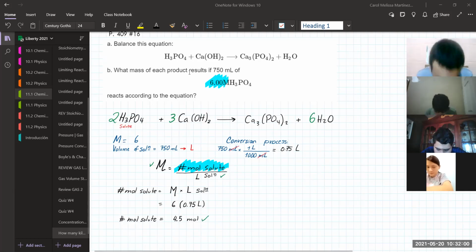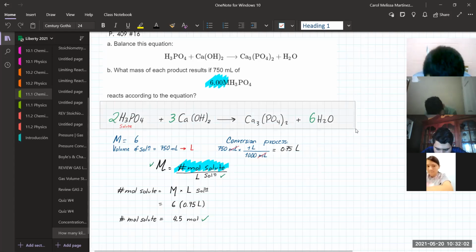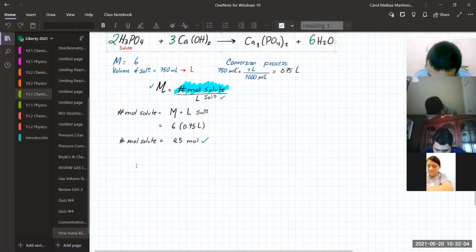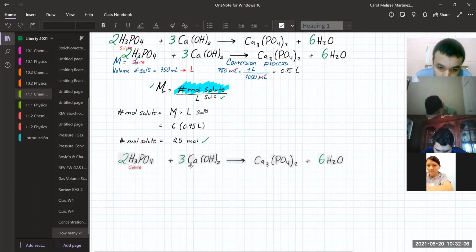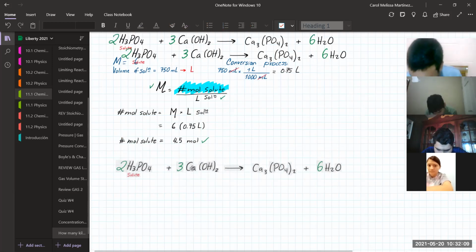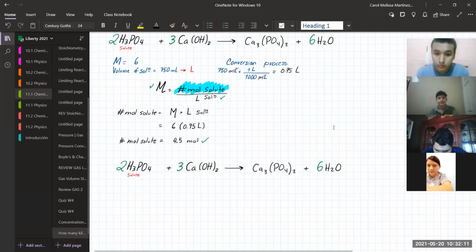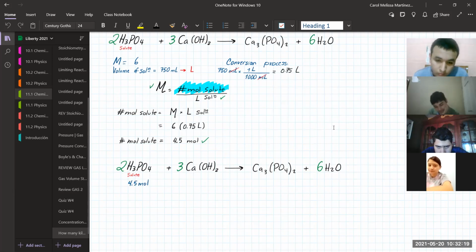So I'm going back to my equation. I'm going to write it again. Take a look. I write my equation again, and now I know that from my solute I have 4.5 moles. And I want to know how many grams of each product I'm going to get.